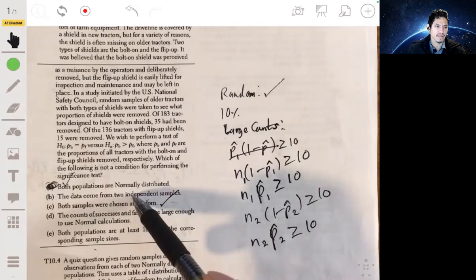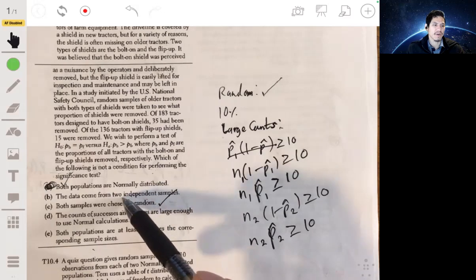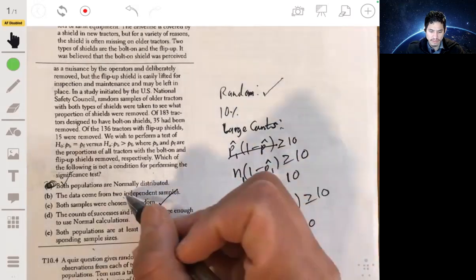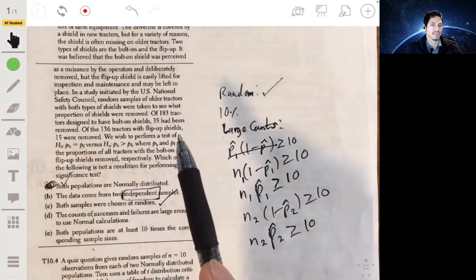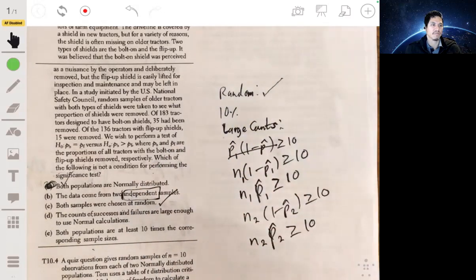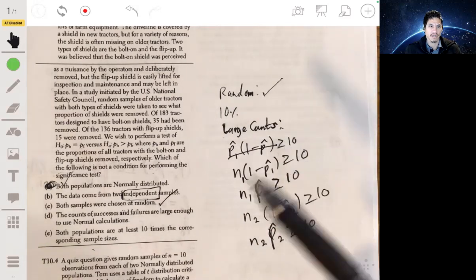It's similar to that. They're different, but similar, meaning that when we say independent, choosing an individual in one group is not going to affect your chances of choosing an individual in the other group.